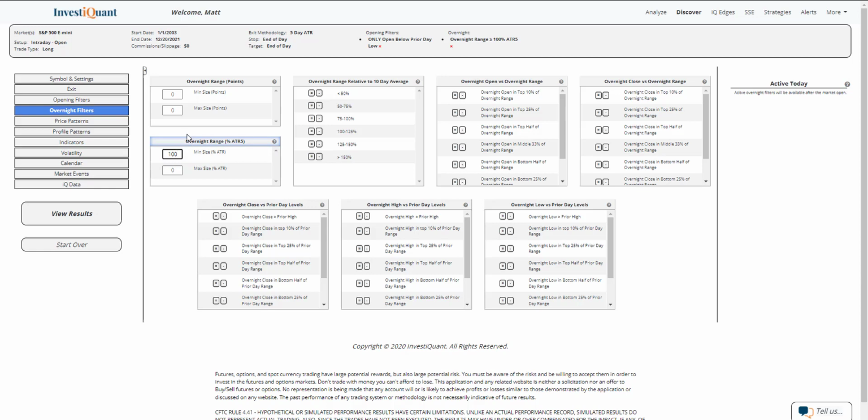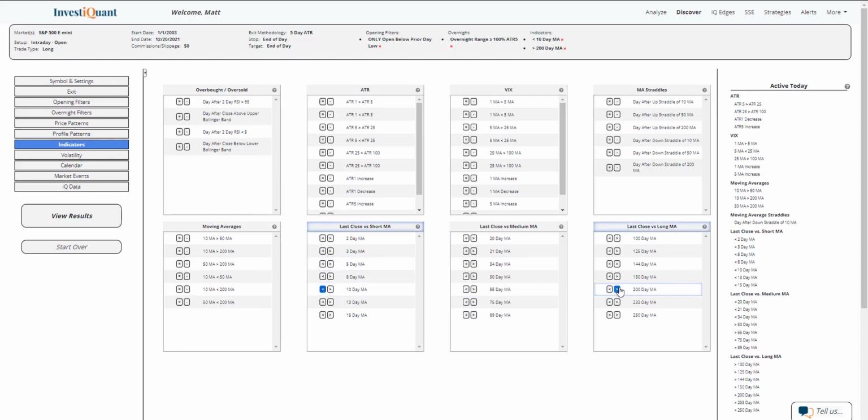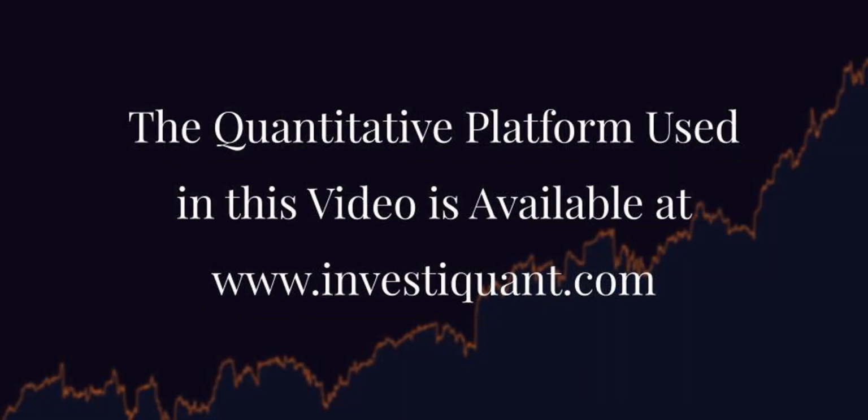The current 5-day ATR is about 75 points in the S&P, and we've got 95 or so in the overnight session, so we are well over that at the time of this recording. This is going to isolate just those days that have good overnight range taking place. We're opening below the prior day low. Now I want to put us in a similar market environment. We are below a 10, but above a 200-day simple moving average. And now I can click view results.